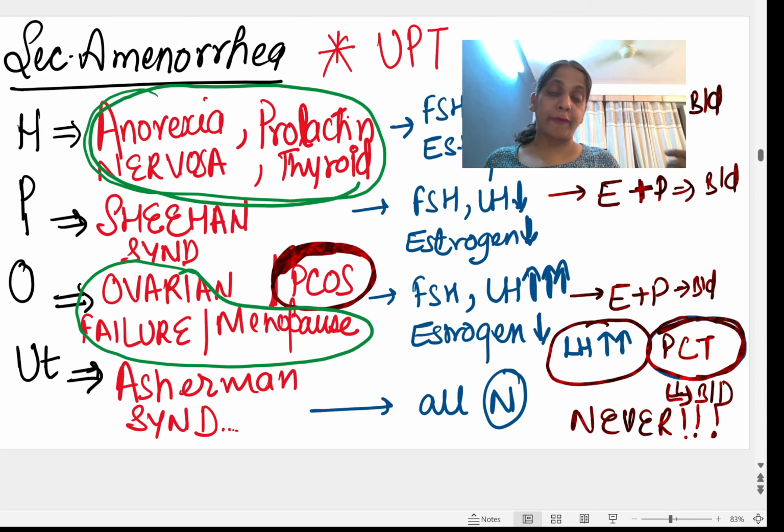And for example, if the pill is missed in the first week, it has high chances. If two or more than two pills are missed in the first week, then we have to take emergency contraceptive if there was a history of intercourse in the past 72 hours. Okay, and in the second week we have to do nothing, and in the third week we have to omit the pill free period.